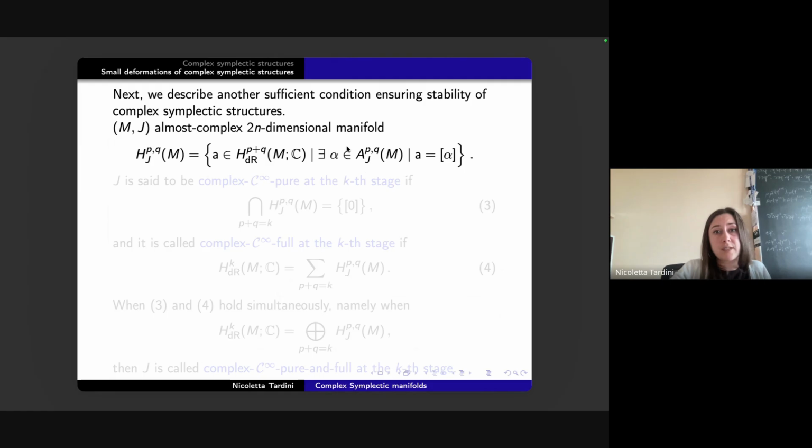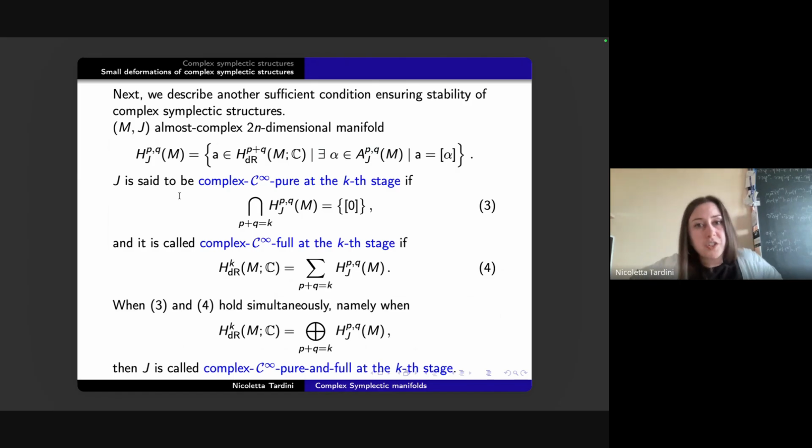These are the classes A such that there exists a representative alpha for this class of pure bidegree (P,Q). So these are cohomology groups, okay? Classes in total degree P plus Q with a pure degree representative.